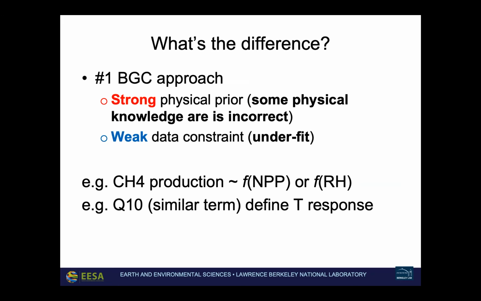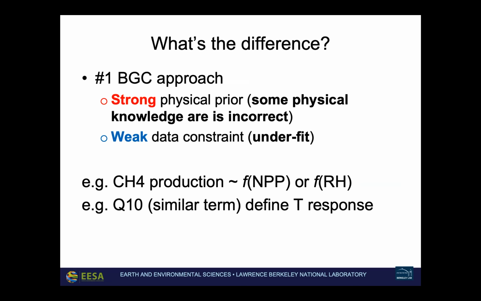And secondly, the Q10 temperature response is a very obvious one. Why do we use Q10? Q10 measurements are so variable, but we still use one single Q10 value in the model to define the temperature response. And as long as you have that very strongly defined prior, how come you can fit the data very well? There's no chance at all.